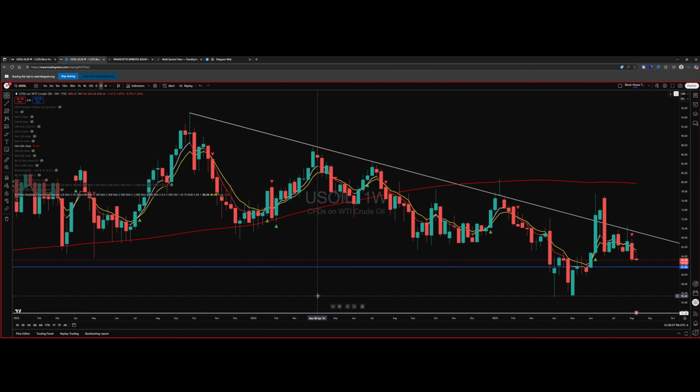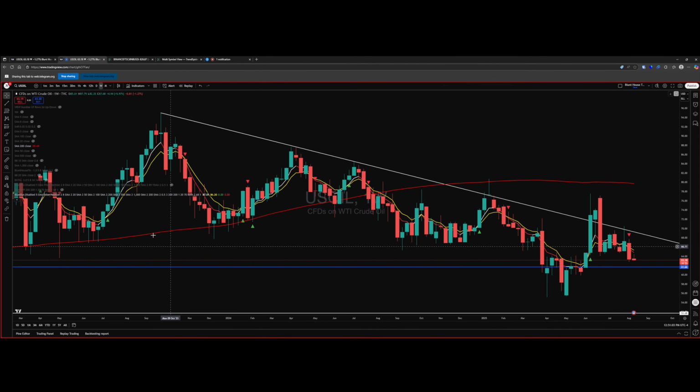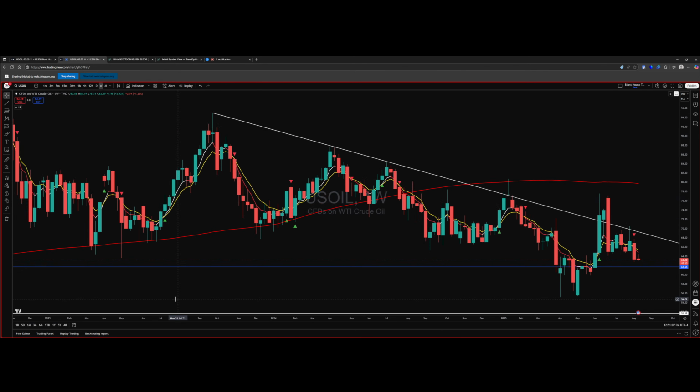It's not a perfect science, right? You're not going to be to the penny all the time. That's not the point. Just like picking tops and bottoms is not the point. The point is to keep you on the right side of something. This is just a weekly example that takes a long, long time to play out. A lot of you think that the 15-minute chart is a long time to play out, right?